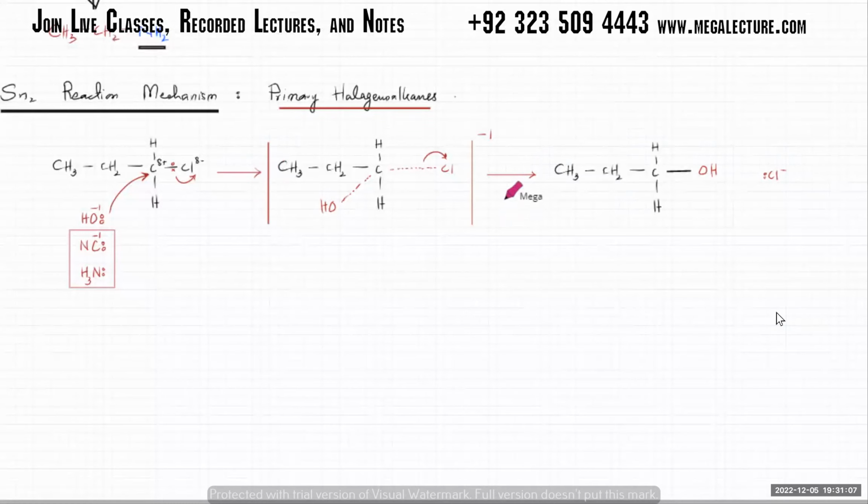So here's your overall reaction. And the same thing would happen with CN-, the same thing would happen with NH3 as well. In all cases, it's going to be pretty much the same, the same exact diagram. This one over here is known as a transition state.